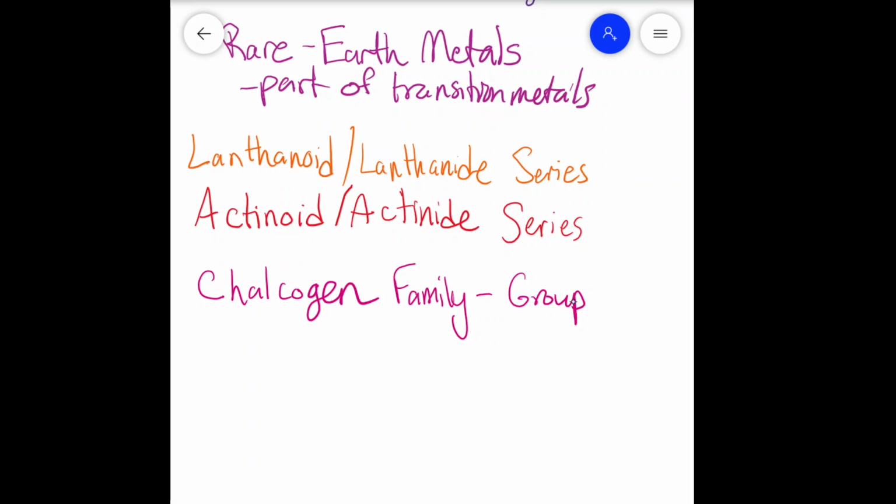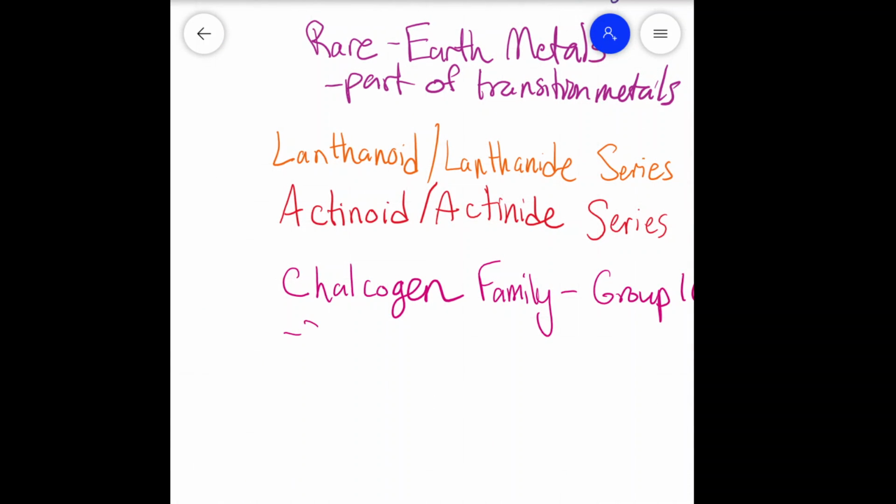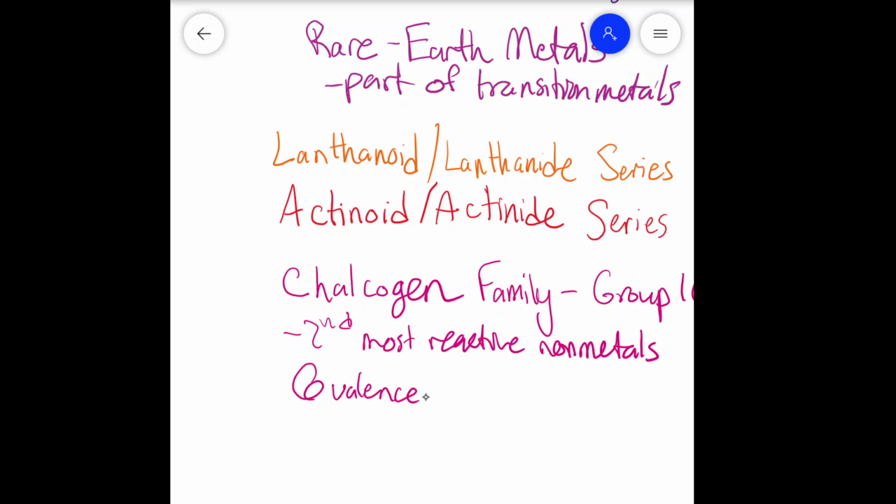That's group 16, and this is the second most reactive nonmetals. That's reactive because they have 6 valence electrons, so they're really close to having their full shell filled, and so they're not going to give away any more electrons.